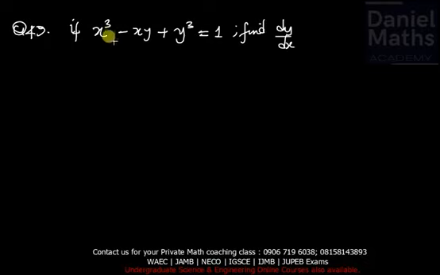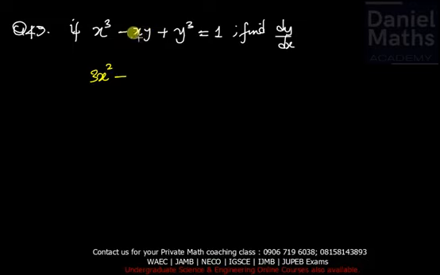So begin by differentiating each of these terms. We differentiate x raised to the power 3, this will give us 3x raised to the power 2, 3 times x raised to the power 3 minus 1. And then minus, here we're going to apply the product rule.